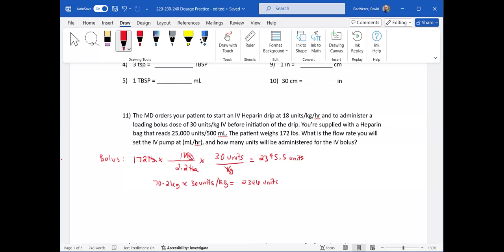Now for the infusion rate, hopefully this works out. We're going to take the same weight. Again, I'm going to show you both ways just so you have a little bit of extra practice. So if I'm doing it this way, my 1 kilogram, 2.2 pounds, and then we have 18 units per kilogram per hour.